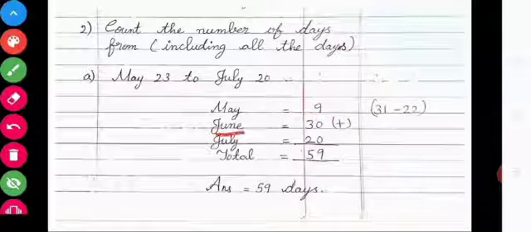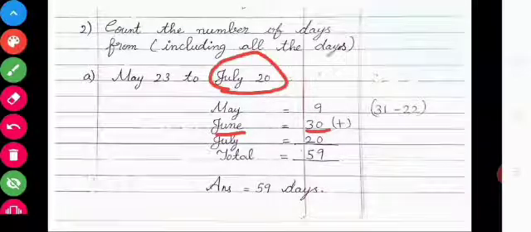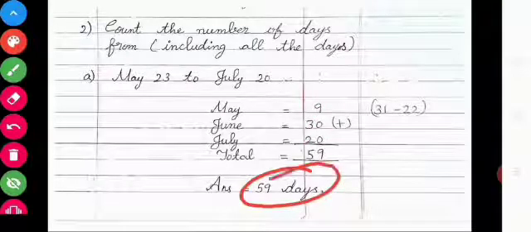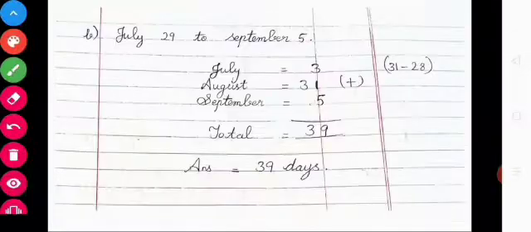And then June month, 30 days. Then July 20. Add 9 plus 0, 9. 3 plus 2, 5. So how many days? 59 days.